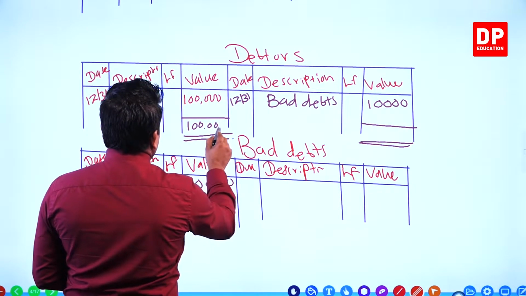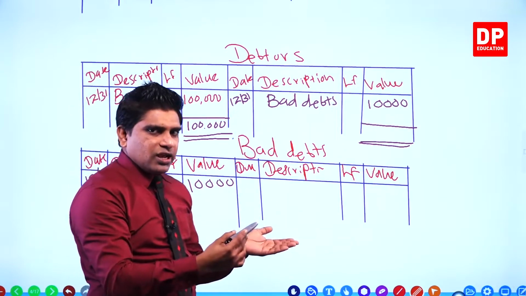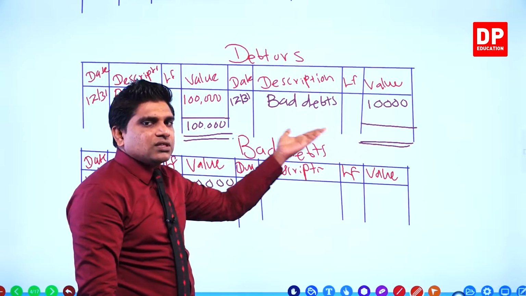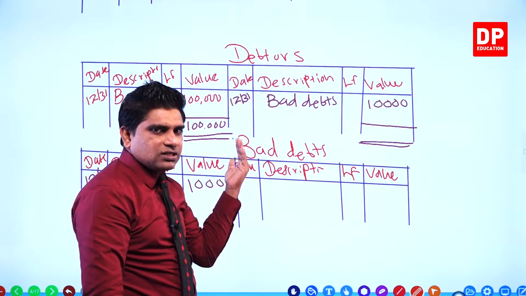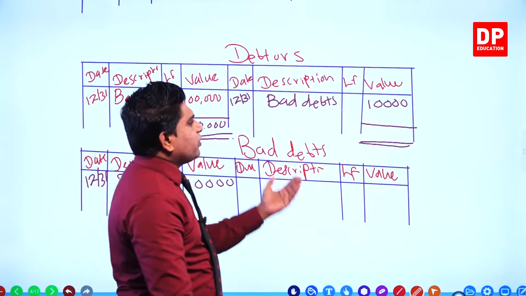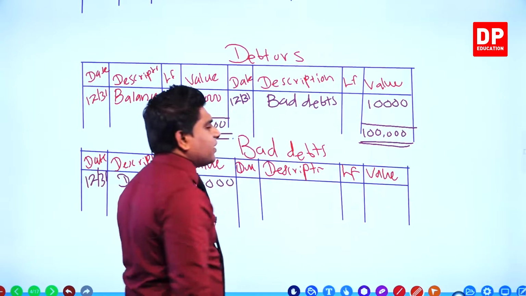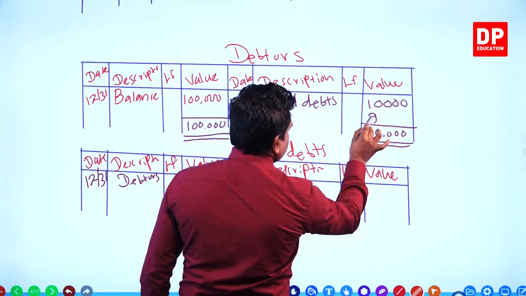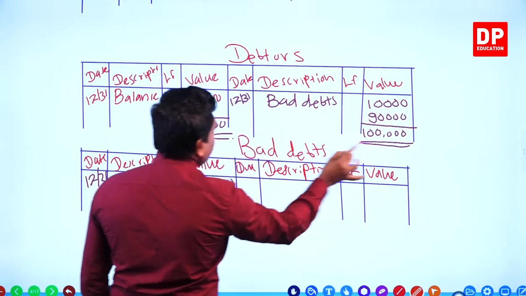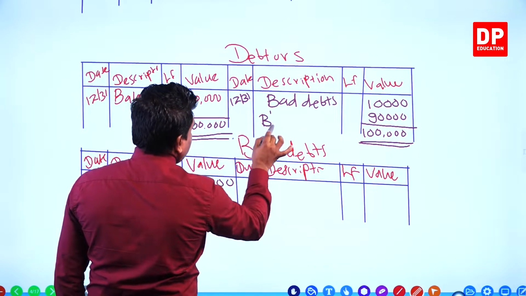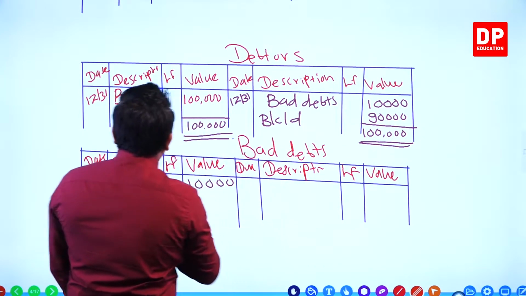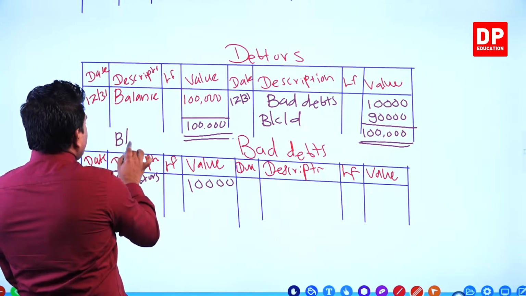The highest value we write as the total of both sides. If this side is 100,000, which one is the highest? 100,000, the same value you write to the other side. Then it's easy to find the difference. Difference how much? 90,000. How much is the real value of the debt after the adjustments? Balance carried down, balance brought forward.